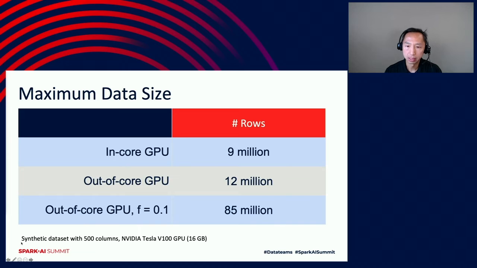When we enable this out-of-core mode, even if you're keeping everything inside the memory, because we're building the transformed data incrementally, we can still fit slightly more rows, but it's not too much. Once you start sampling, for example if you just sample 10% of the data, you can get 85 million rows in a single GPU. It's more or less an order of magnitude bigger.